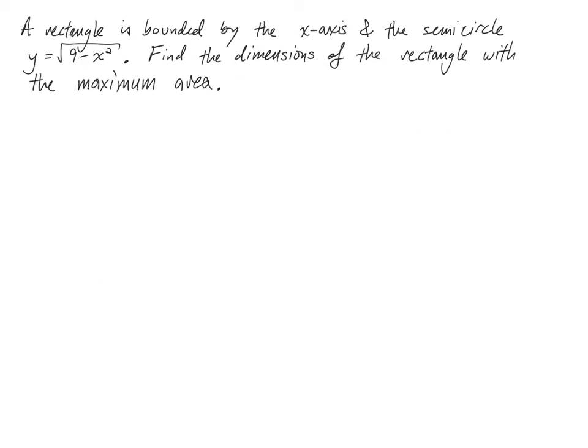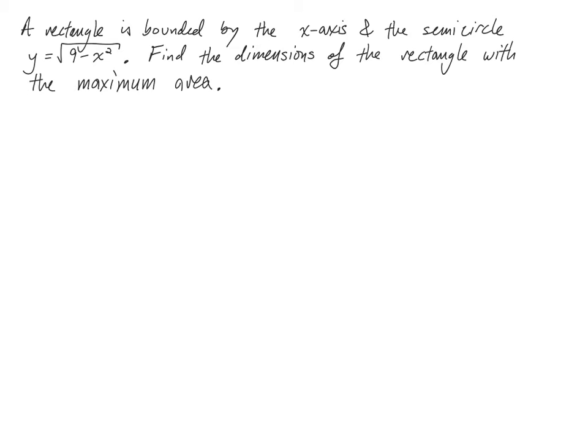And yet another example. A rectangle is bounded by the x-axis and the semicircle y equals square root of the quantity 9 minus x squared. Find the dimensions of the rectangle with the maximum area. So again, what we are trying to do is write down everything we know.